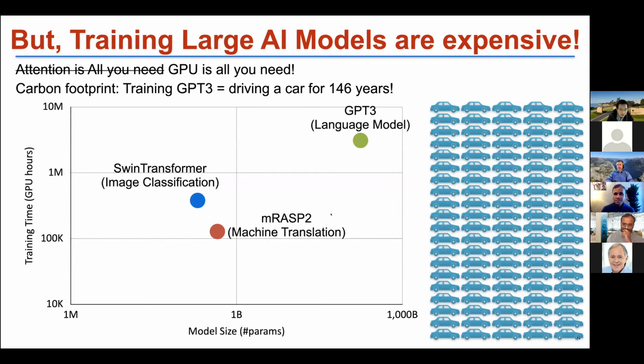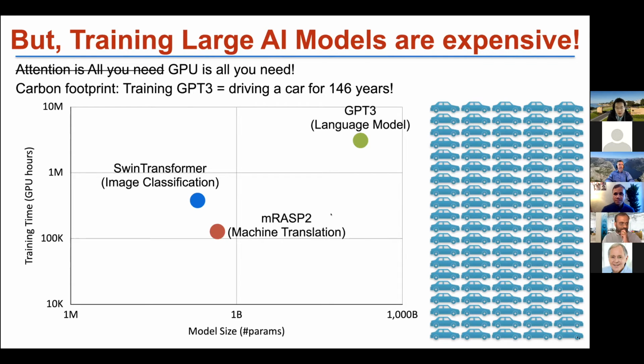In particular, Swin Transformer here is the latest transformer model for computer vision, for image classification. It gets state-of-the-art results, and it was actually the best paper at ICCV last year. And M2M is getting the best result right now for multilingual machine translation.